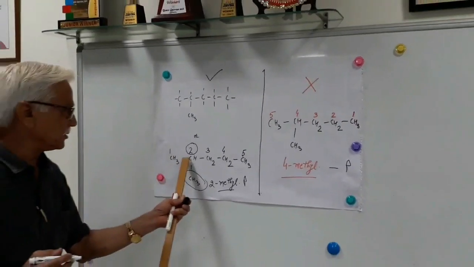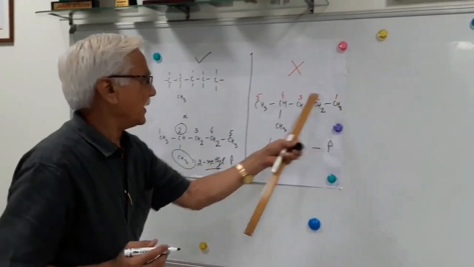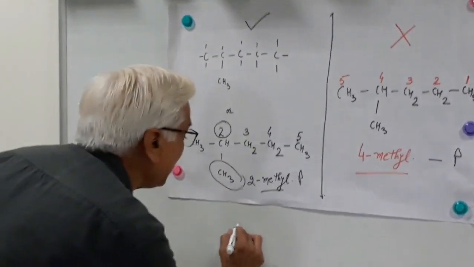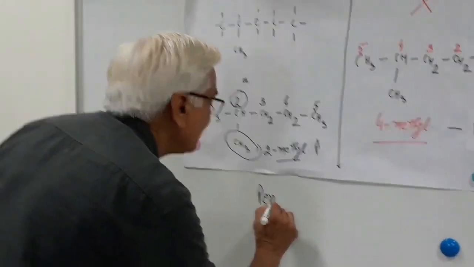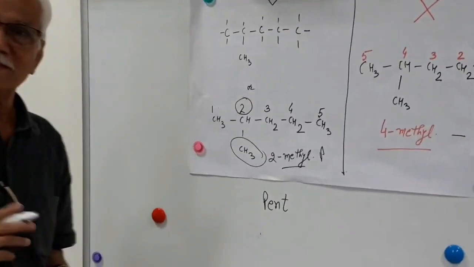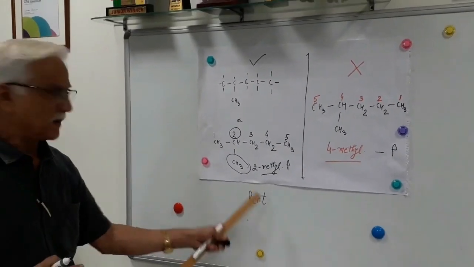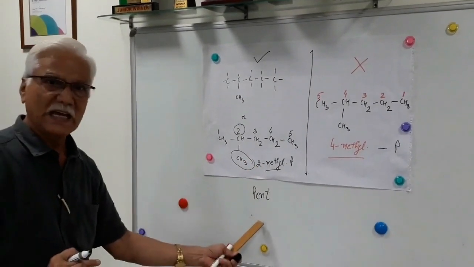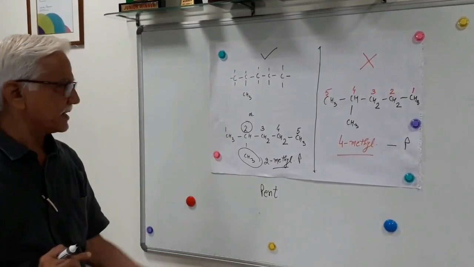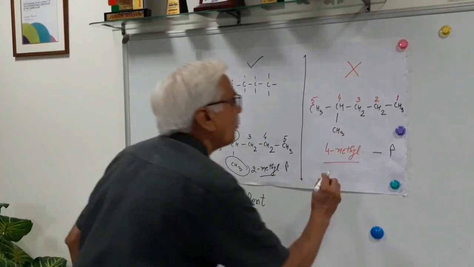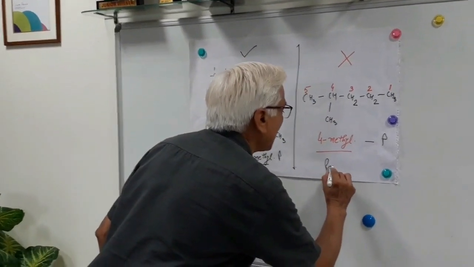What is the root word? Parent chain, longest chain? 1, 2, 3, 4, 5. Both ways. Here, what is the parent chain then? Pent. So the L, the root word, is pent. First is P, then is L, then I will talk about S. Here the parent chain is again pent, because of 5 carbons.